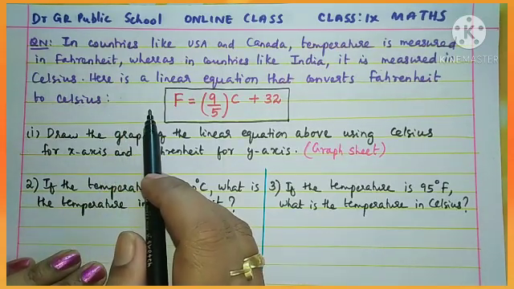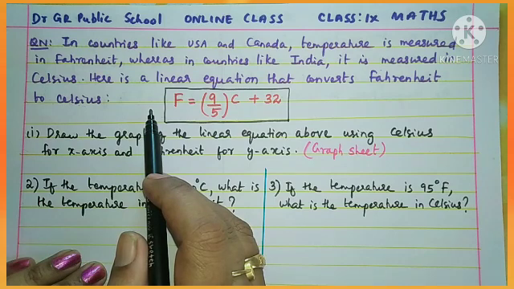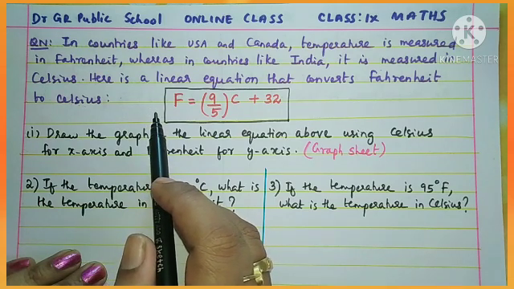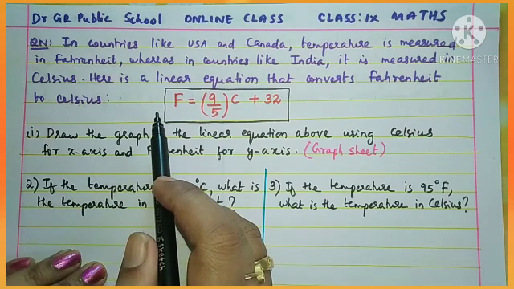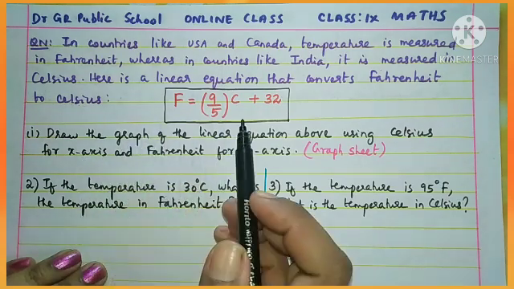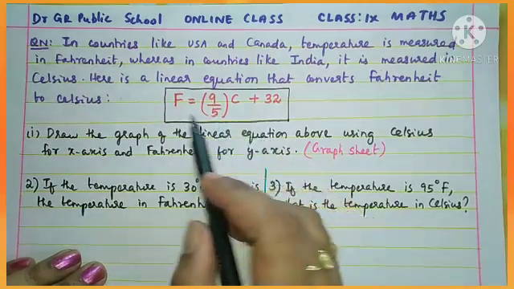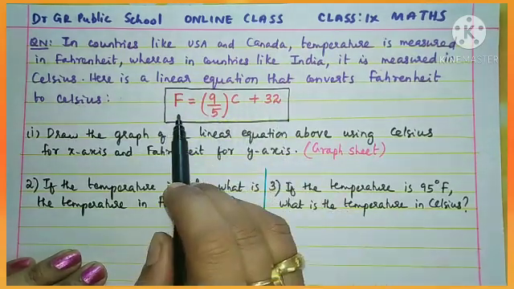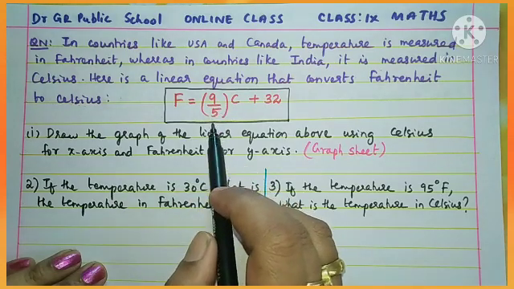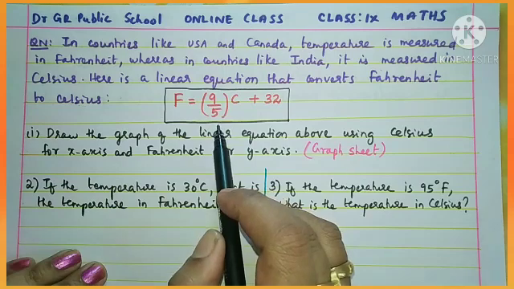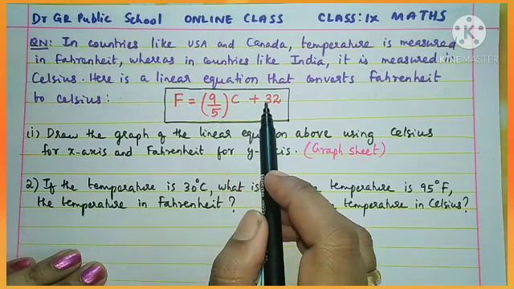In many countries, the Fahrenheit scale is used, and in our country, India, we use Celsius scale. Okay, and Fahrenheit and Celsius, there is a relation given as an equation here. F is equal to 9 by 5 of C plus 32.